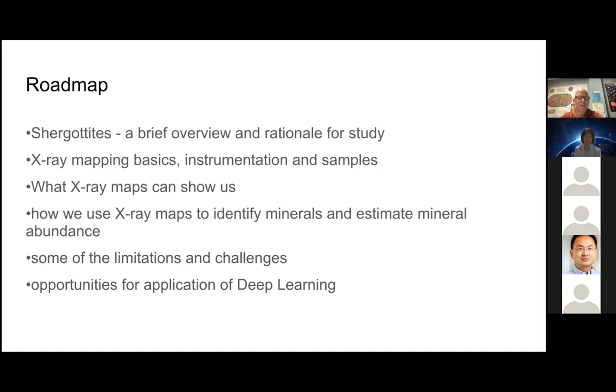I'm going to conclude by talking about some of the limitations and challenges we have in using this technique, but hopefully I want to turn it around and be positive and talk about the opportunities that I believe could be utilized by deep learning processing to enhance our understanding of these samples.